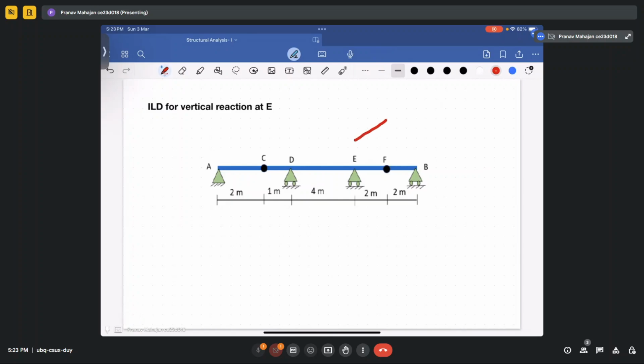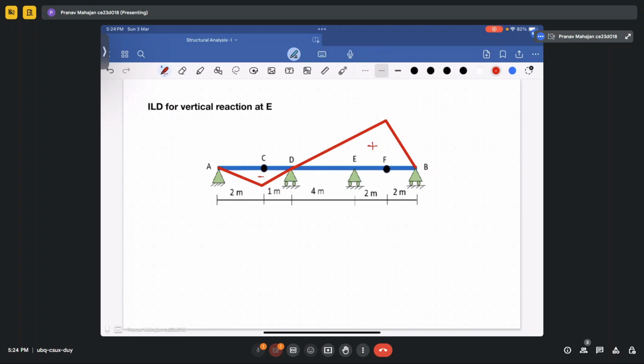So it will move like this, and then it will move to 0, and this 1 will continue, and it will continue like this. It is like this, and here it is like this. Okay, so this is your influence line diagram for vertical reaction at E.